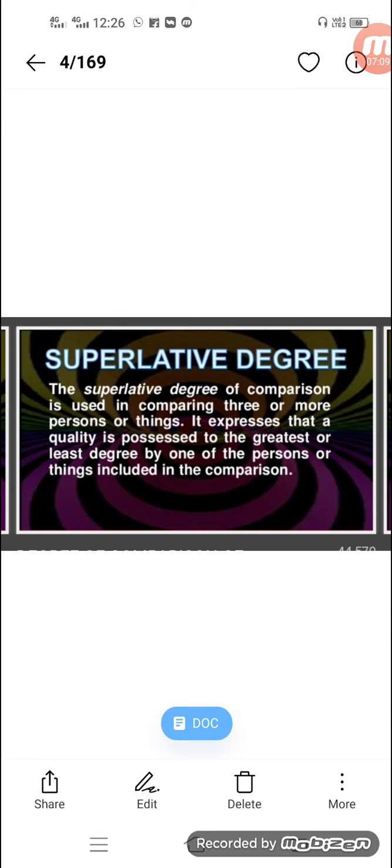She is the most clever of all in the classroom. Here she is compared with the rest of the students, that means there are more than two people. Whenever we compare more than two people, objects, or events, we use adjectives in superlative degree.